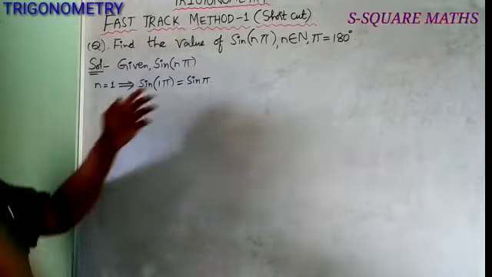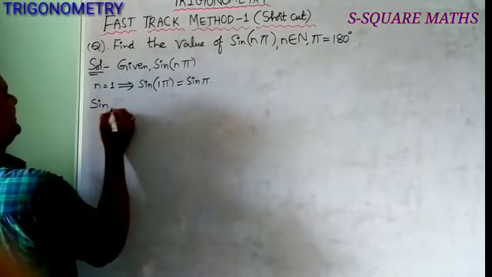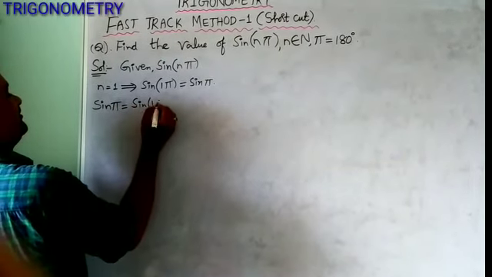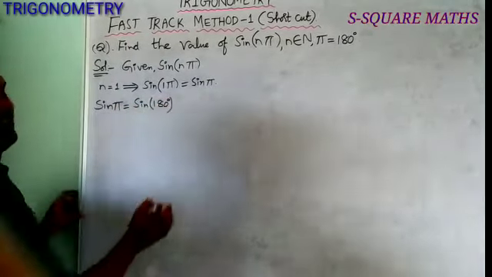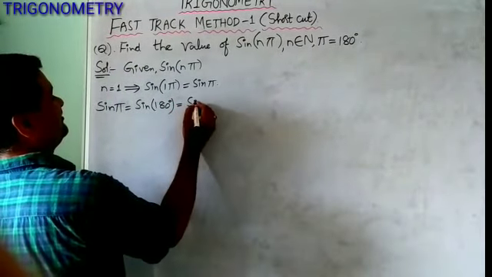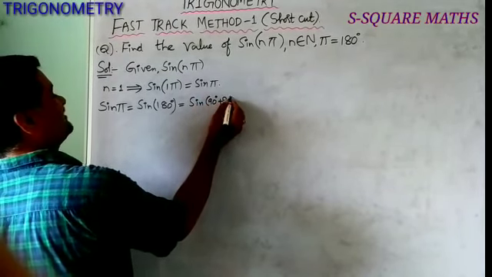Now let us calculate the value of sine pi. Sine pi is nothing but sine of 180 degrees. Now 180 degrees can be expressed as sine of 90 degrees plus 90 degrees.